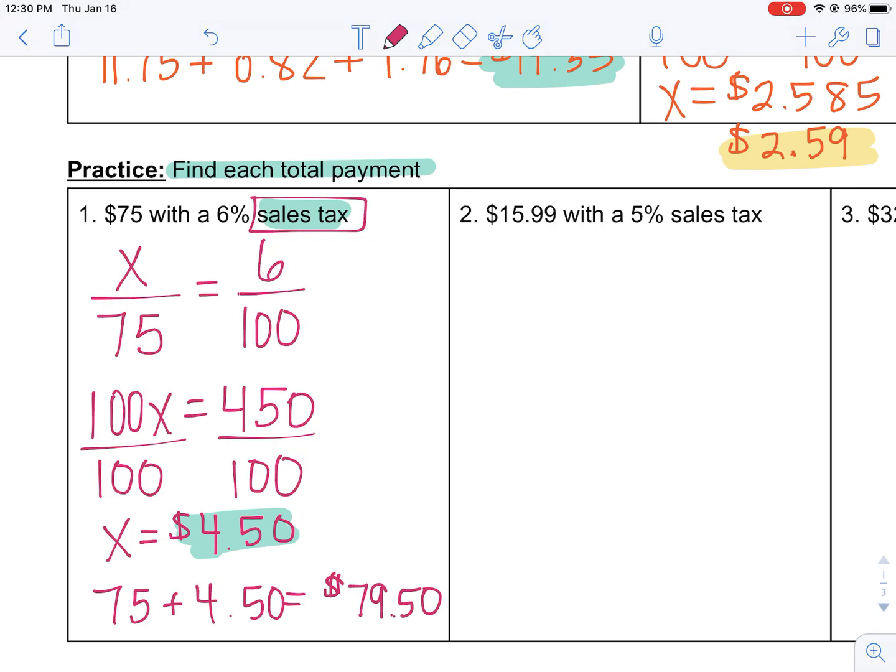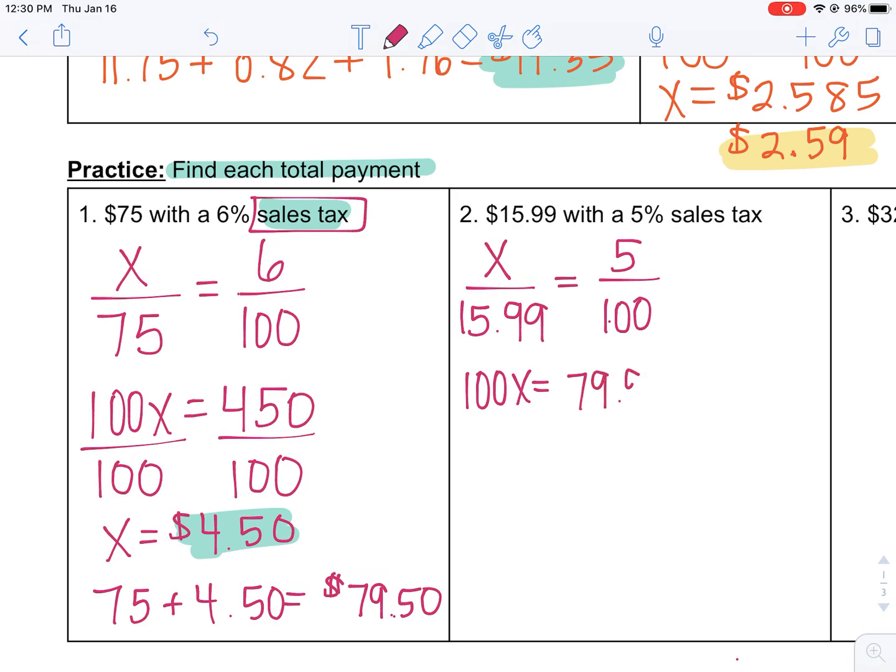Next problem. I want to find the sales tax, so the part over the whole equals the percent over 100. Cross multiply, get 100x. Cross multiply again and get 79.95. Divide by 100 and get 0.7995.